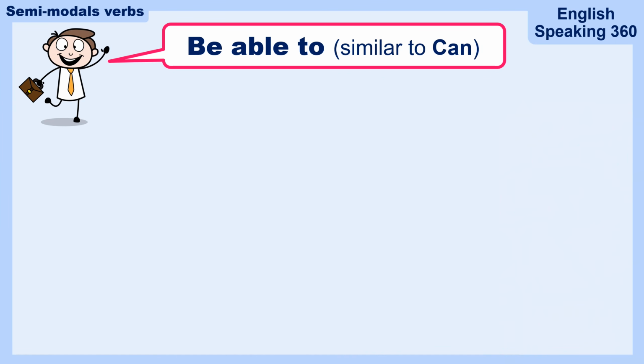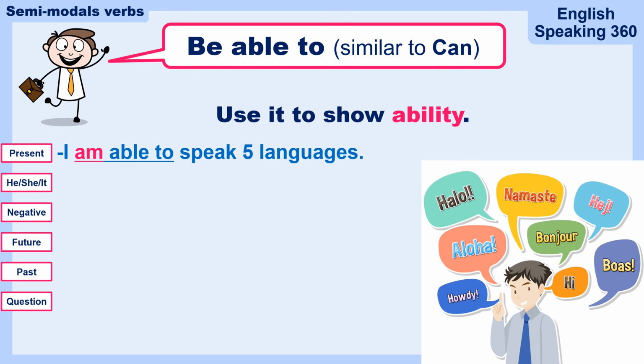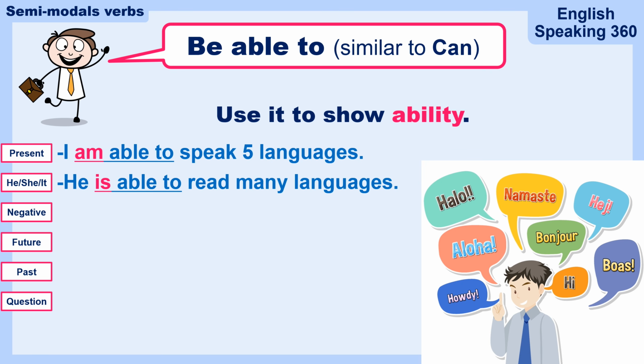Be able to. Be able to is similar to can, so use it to show ability. I am able to speak 5 languages. That's at the present tense. How about the third person? He is able to read many languages. The negative form? She isn't able to read Korean.